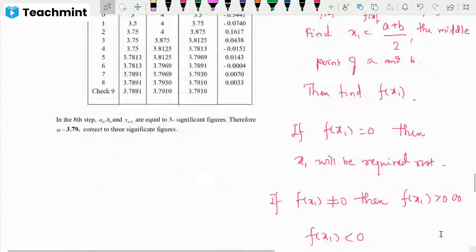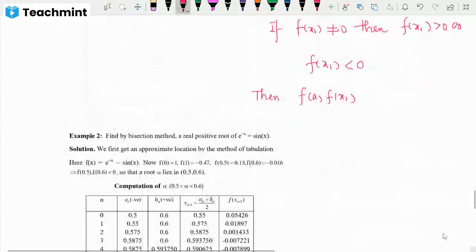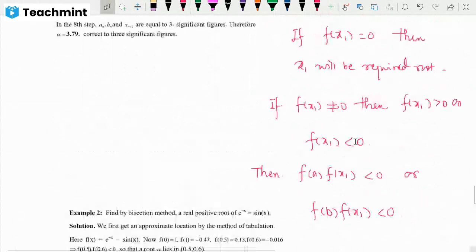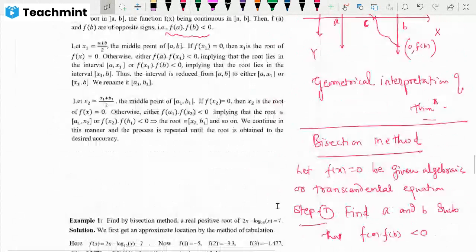So next we write f(b) times f(x1) less than 0, implying that the root lies in the interval [x1, b].